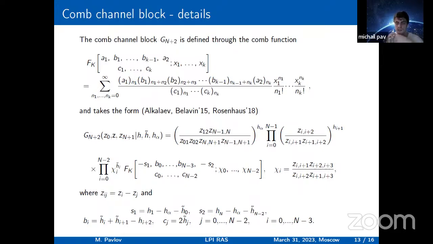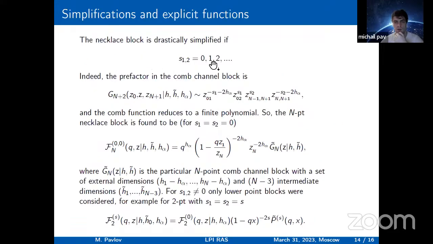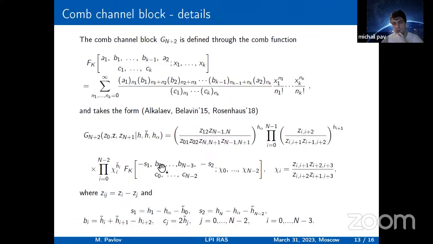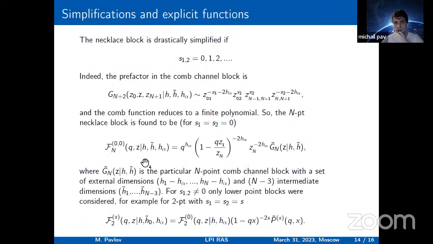And this is our approach. So we put these parameters in the comp function to be 0. And for simplicity, for our future needs, we introduce them with the opposite sign.